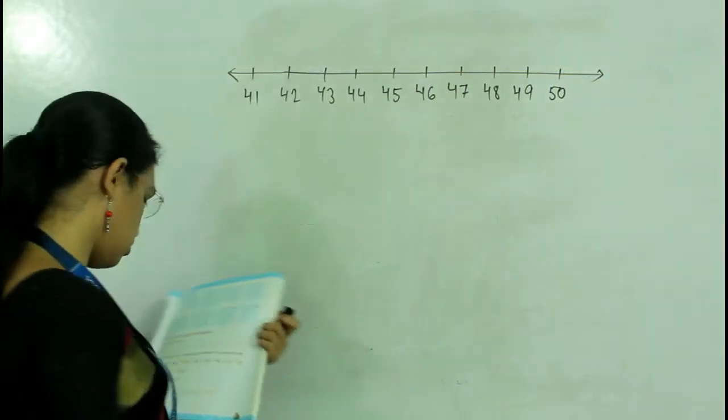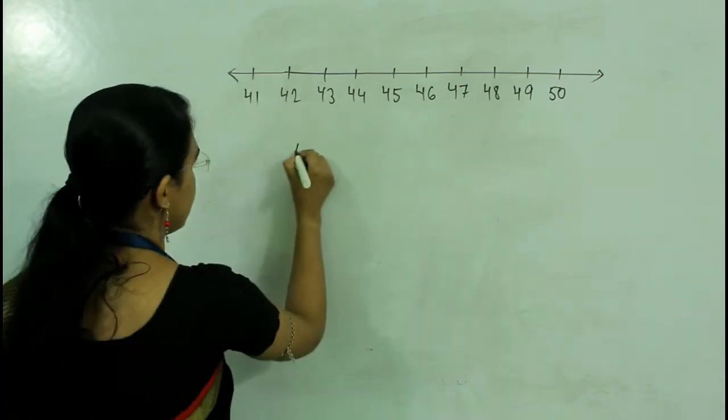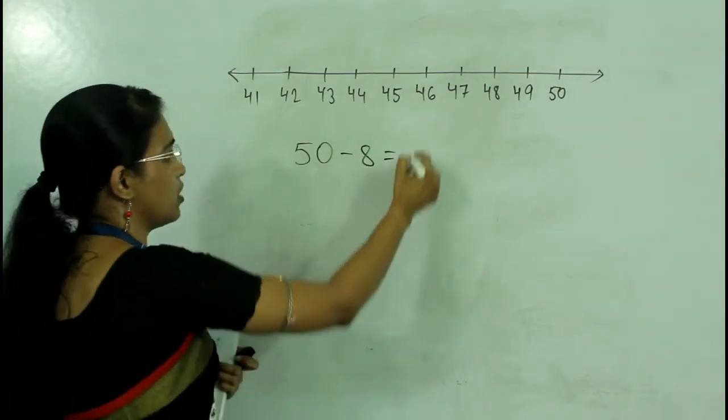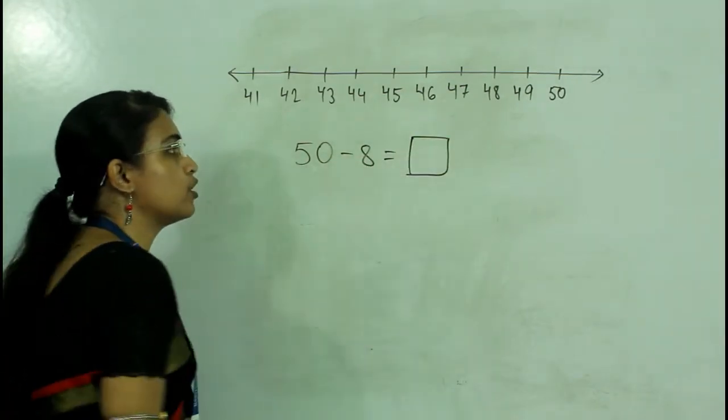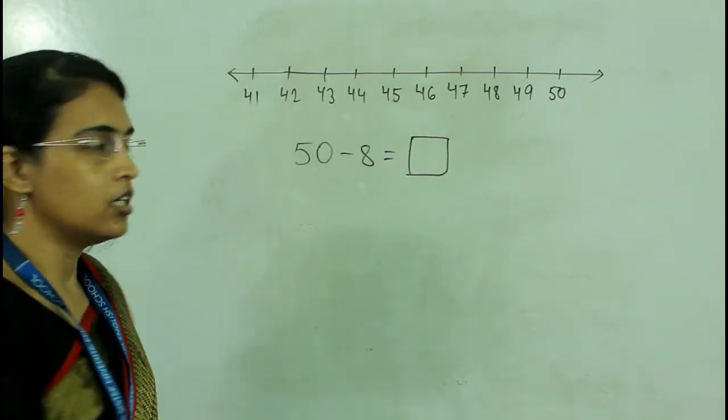Okay, and the question is we have to subtract 50 minus 8. This is the question. So how will you subtract this number with the help of this number line?